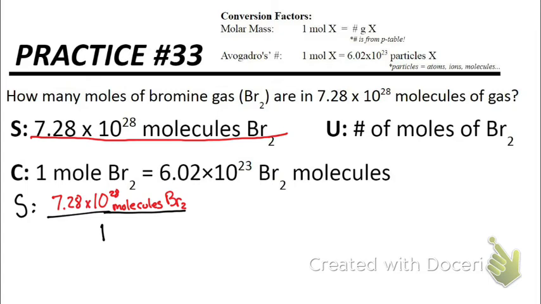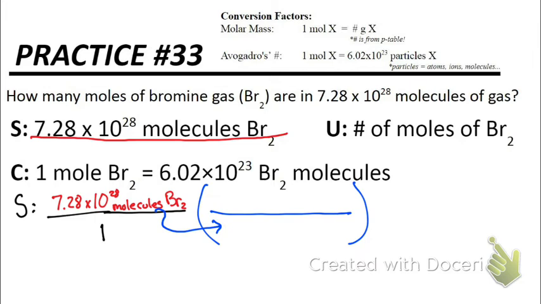Now I know I'm going to multiply that by a conversion factor. That conversion factor, we need to look at what we picked out, which was 1 mole of Br2 is equal to 6.02 times 10 to the 23rd molecules of Br2. What's on top must come down. So if I have molecules of Br2 on top, I know I need molecules of Br2 on the bottom.